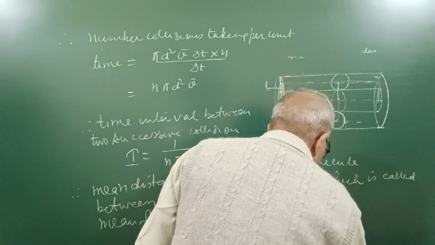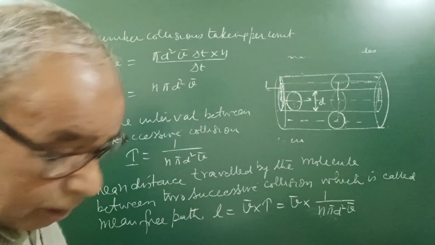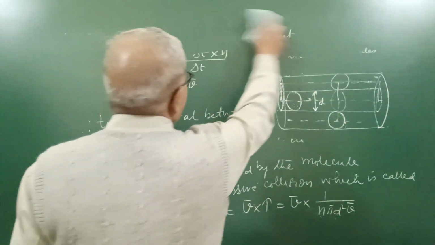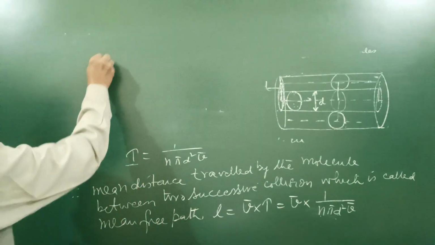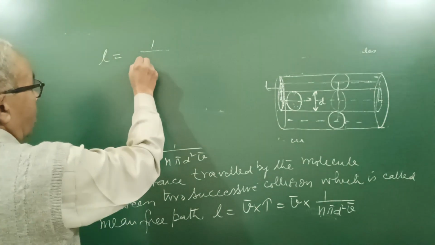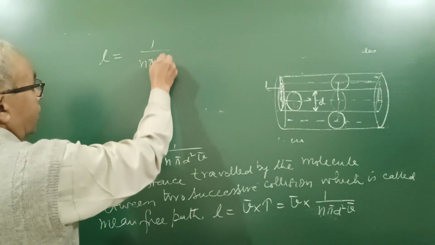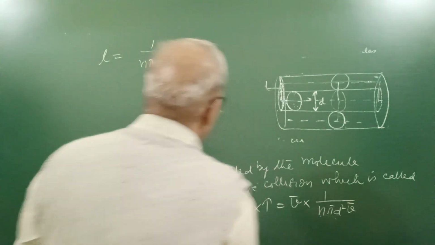Pi d square v bar cancel, so you get L equal to 1 upon n pi d square.